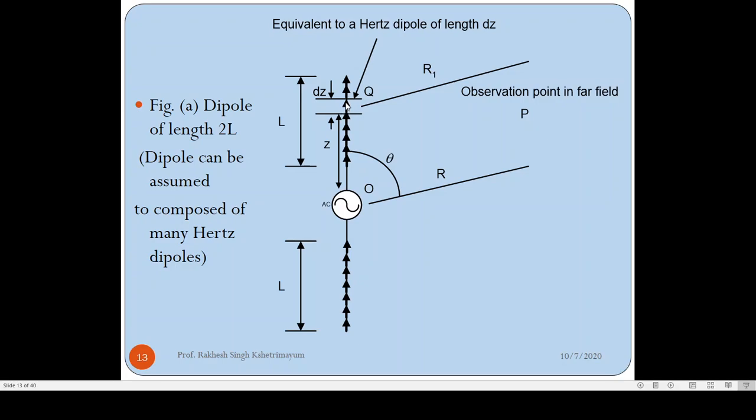That is an infinitesimal current carrying element, which is basically what you call a Hertz dipole. You know the electric field produced by this small current carrying element in the far field of the antenna. So if you want to find the total field radiated from this dipole antenna, you have to integrate it from minus L to plus L.